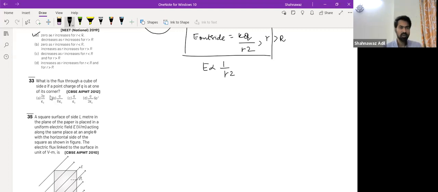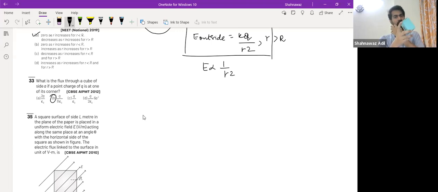Rabia, did you understand why it would be Q by 8 epsilon naught? You have a charge which is placed at the corner of this cube.